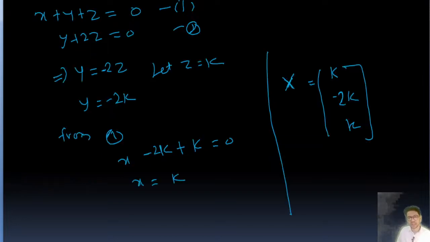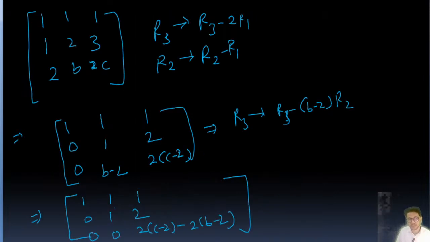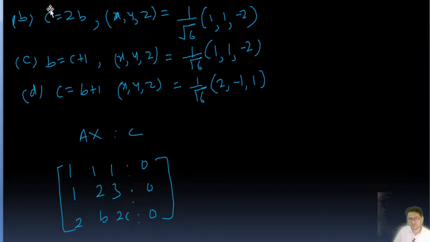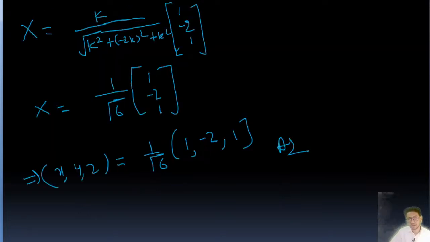Which option is matching? Let's see. We have already found that answer by the first condition, that is by getting the condition for a non-trivial solution. So which option? That is C. Here I think we have made some mistake.